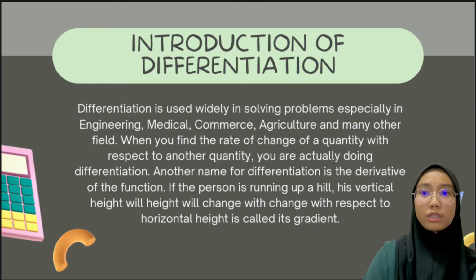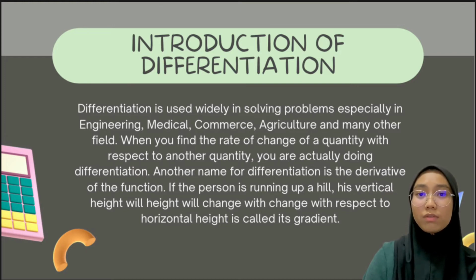Introduction of differentiation. Differentiation is used widely in solving problems, especially in engineering, medical, commerce, agriculture, and many other fields. When you find the rate of change of a quantity with respect to another quantity, you are actually doing differentiation.